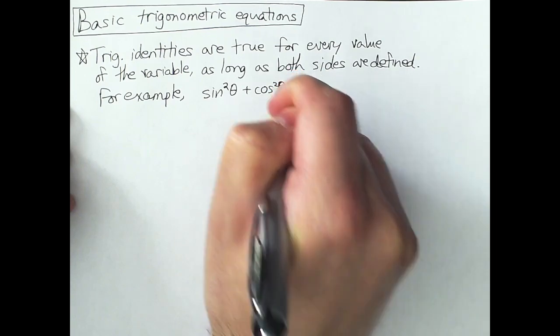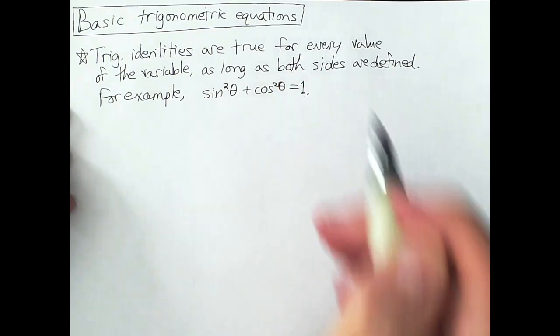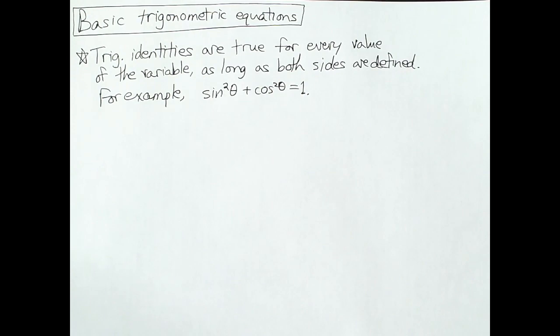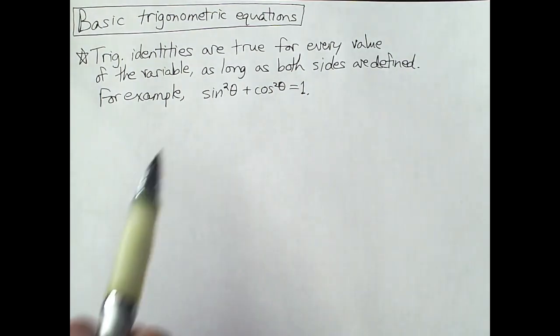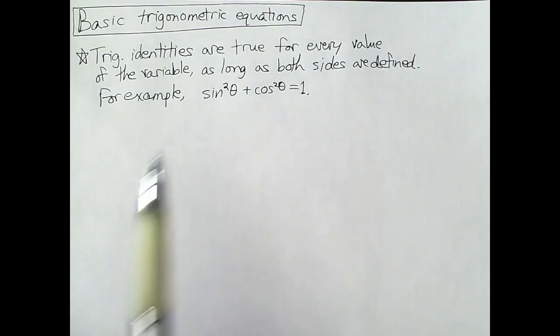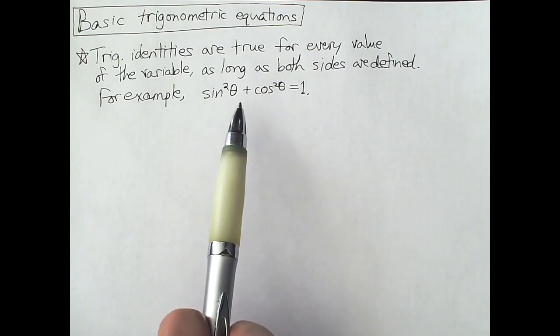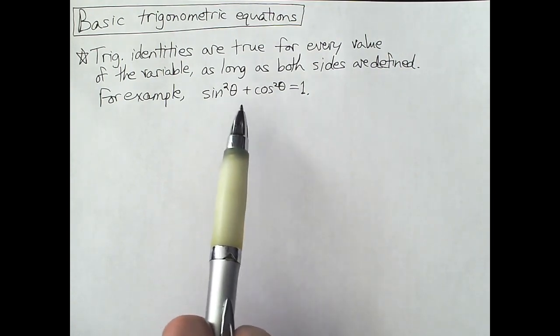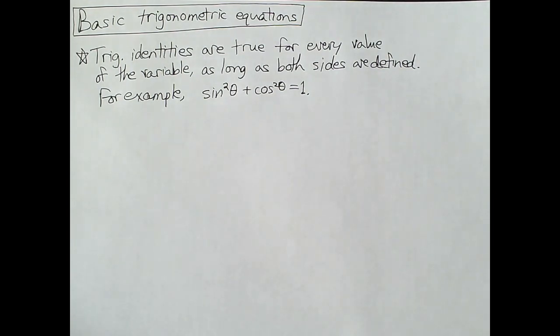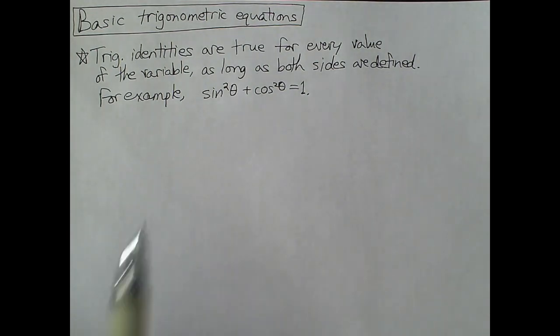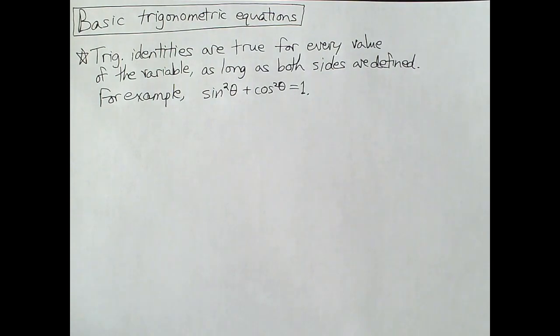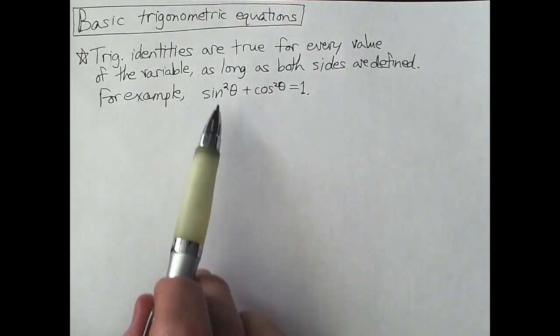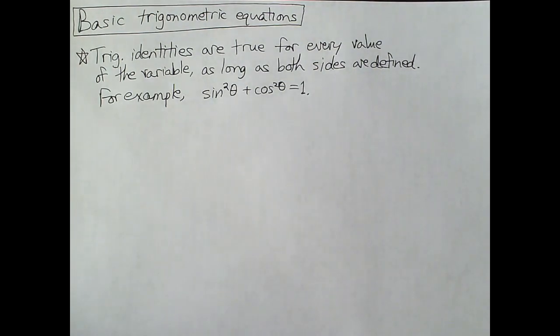Now, I know we've written that trig identity a bunch of times, and we've written it with a different variable each time, probably. We've seen this trig identity where the variable was called t, we've seen this where the variable was called x, and we've seen it where the variable is called theta. And it's all the same thing, it's just different labeling. Usually when we call something theta, it's because we're thinking of it as an angle, but theta is still a letter, it's just a Greek letter.